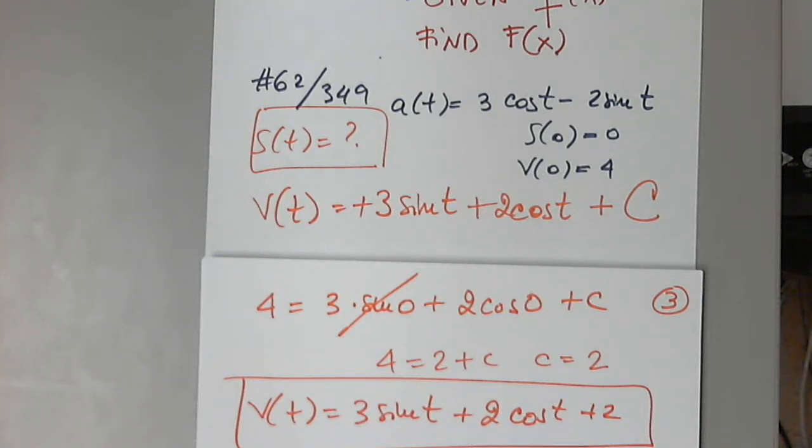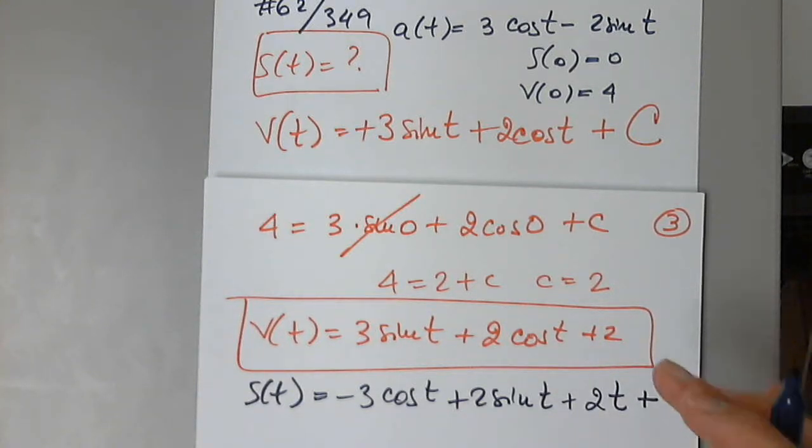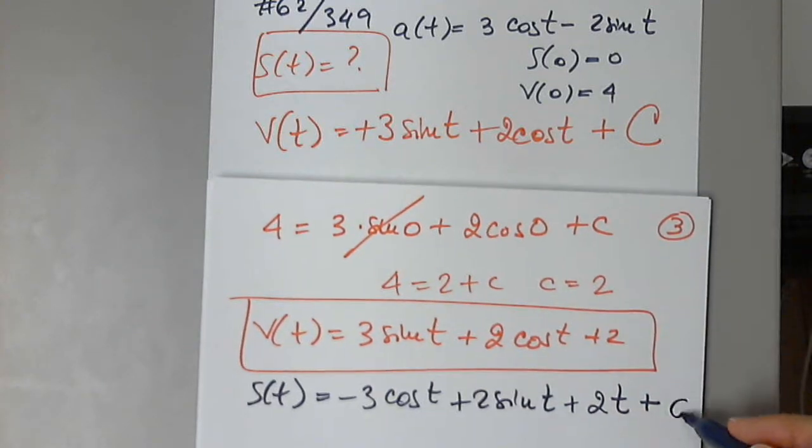Agreed? Good. So now we need the second piece. When we differentiate this, we get 2 cosine t, so plus 2 sine t. Now careful: plus 2t plus, since I used c already, this time I'm going to use d, or sometimes I would use c1 and c2. It doesn't matter really. Do we understand?